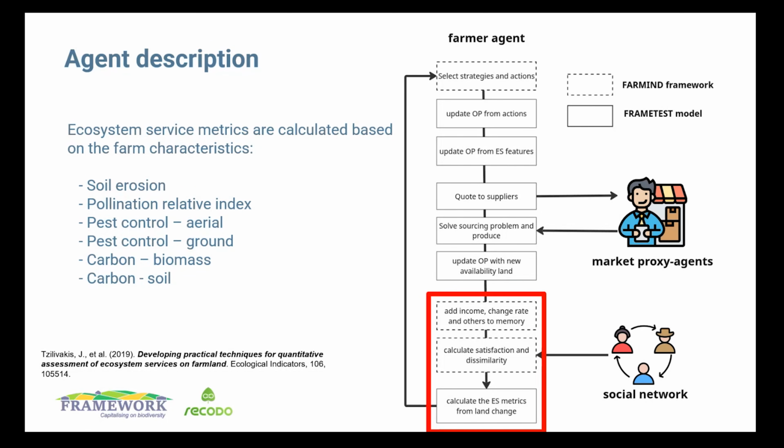This means that in the decision process, a farmer can decide to convert arable land into, let's say, hedgerow, which reduces the available arable land and changes the farm landscape, and this affects these metrics. So basically, this is how the model is working.